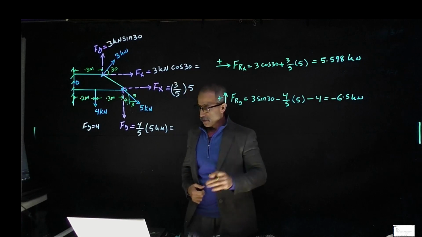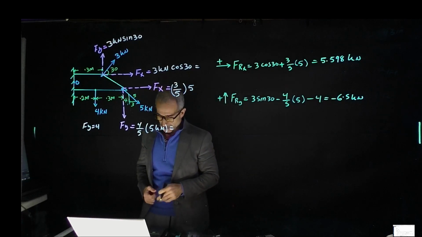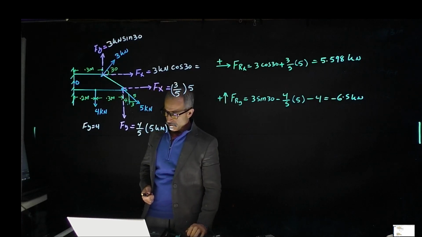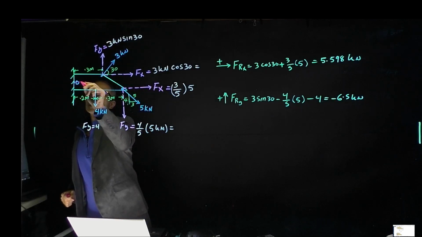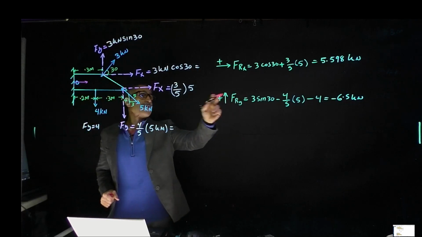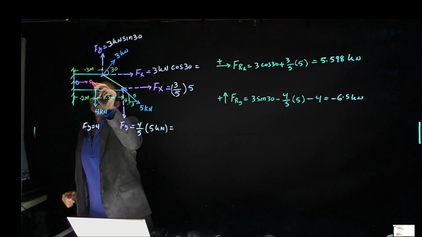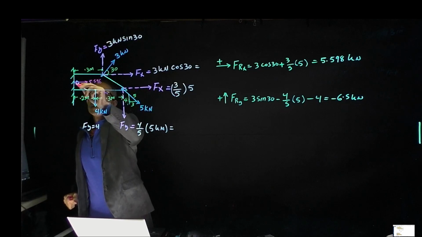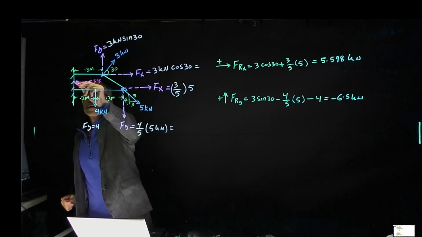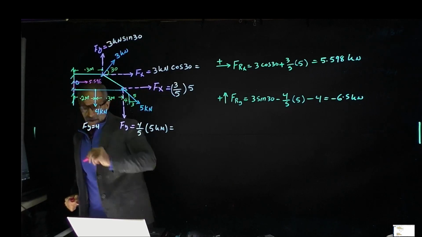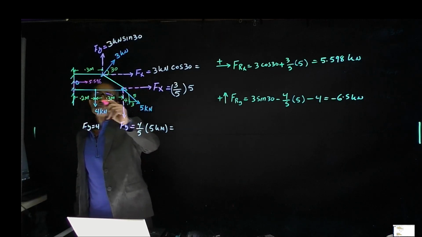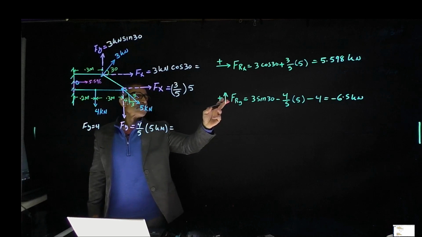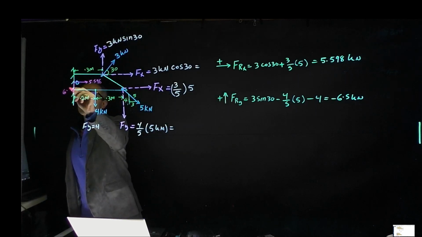Okay, now we have both of these, and we can come in here. So our F of r is going to be the x, which came out to 5.598, and the y came out to 6.5 kilonewton.